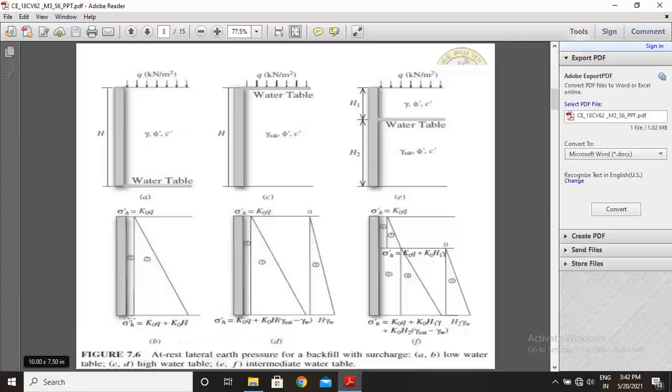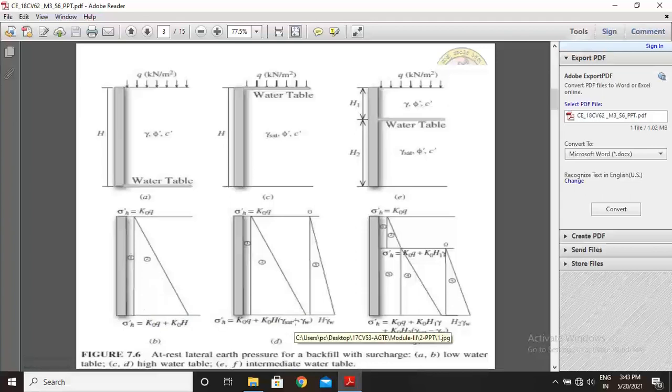But the total pressure distribution diagram we consider as sigma h dash equal to this pressure plus this pressure. It means we are doing the summation, that is K0 into Q plus K0 into gamma H. That is the pressure distribution diagram of this case.